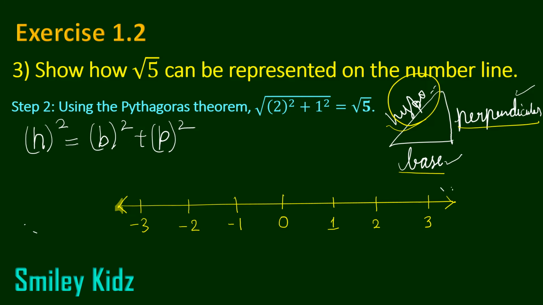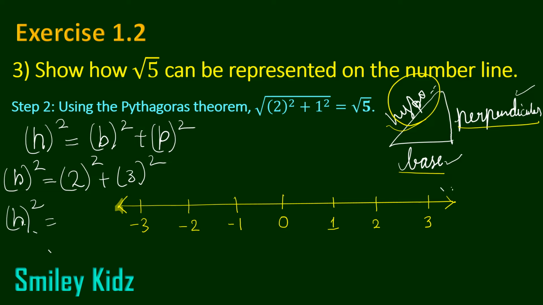Let me take 2 and 3, just a trial method. Let's say h square is equal to base, let's take it as 2 square plus, let's take perpendicular as 3, so 3 square. Here h is nothing but hypotenuse. Hypotenuse square is equal to 2 square is 4 and 3 square is 9.